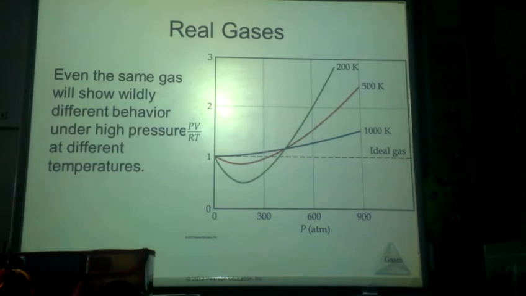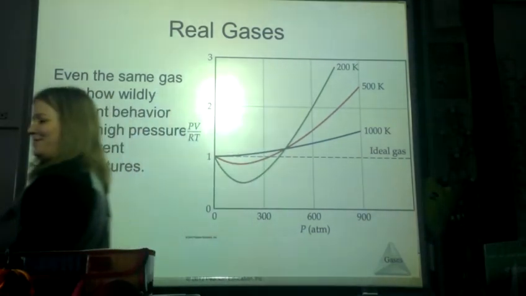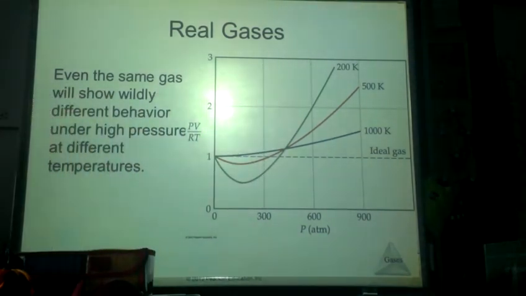A deviation from ideal gas behavior will happen at high pressure and low temperature. I think we should repeat that one more time: deviations from ideal gas behavior will happen at high pressure and low temperature, okay?